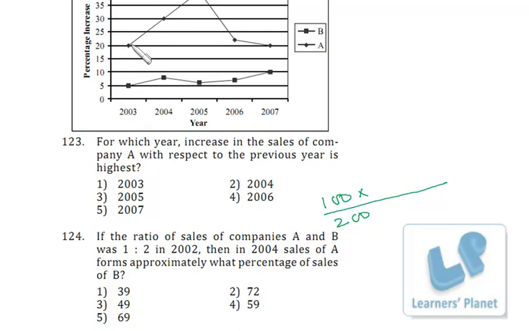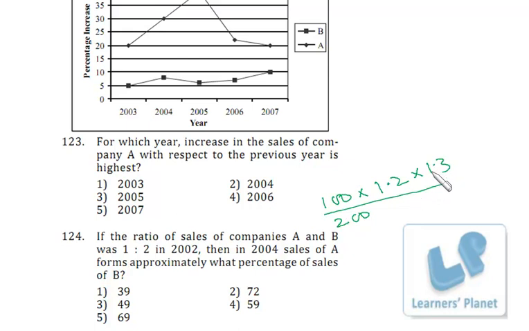growth of percentage increase is 20%, right? From 2002 to 2003, the percentage increase is 20%. So the sales of company A in the year 2003 will be a 20% increase on this, so I can just take 1.2, right? Then from 2003 to 2004, the increase is 30%, so the sales in 2004 will be 130% of this.